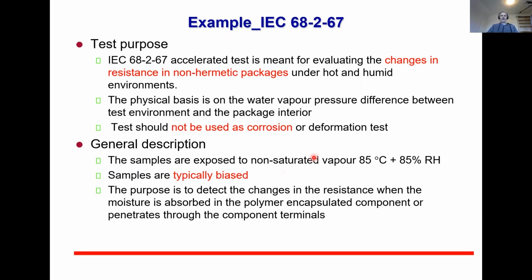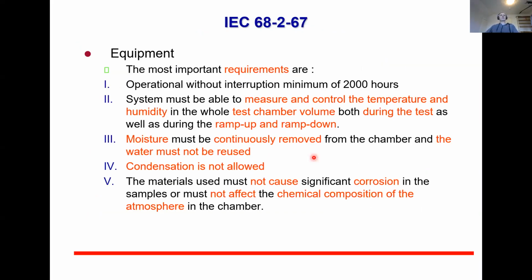Okay, then in the standard there are requirements for the equipment. First of all, it needs to be operational a minimum of 2000 hours. It means that you should be able to run it without any interruption. For example, you consume water there, so you need to be able to add water without ramping down the process.